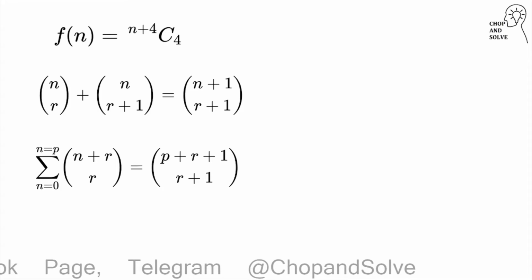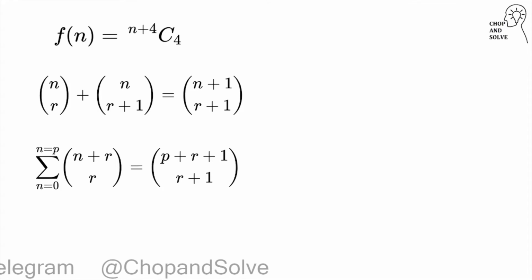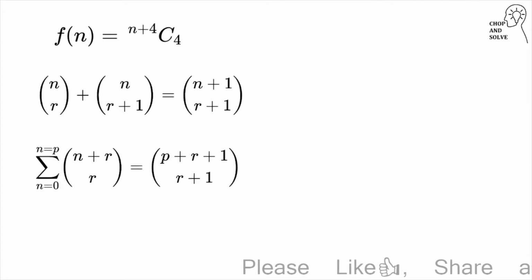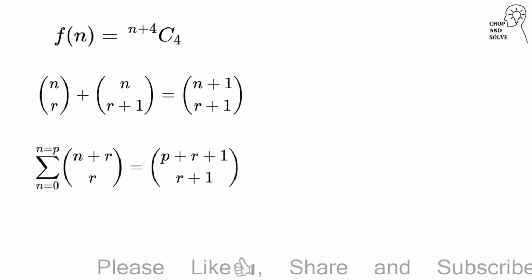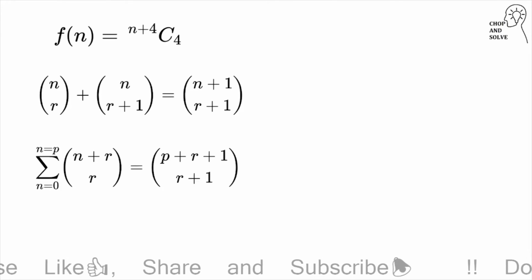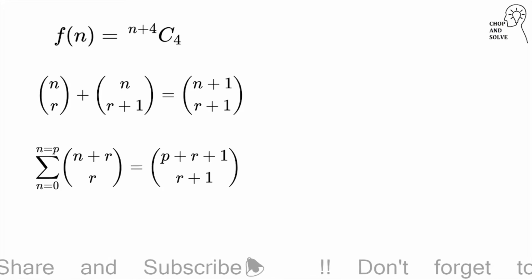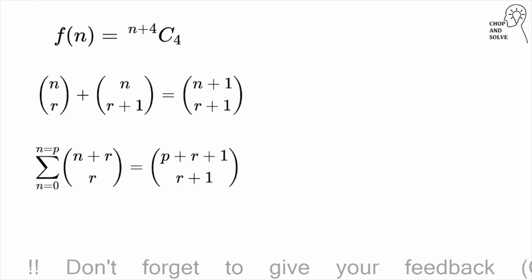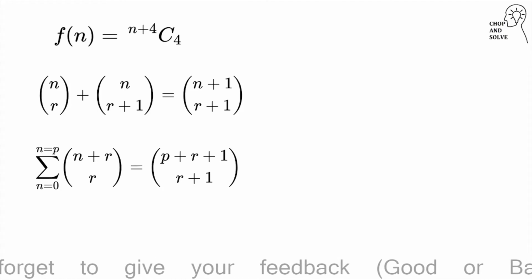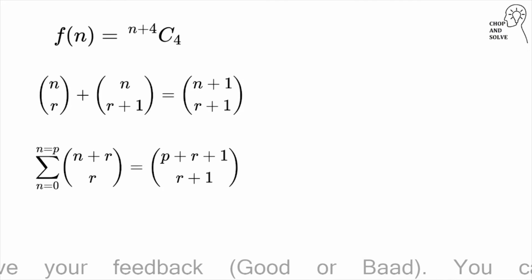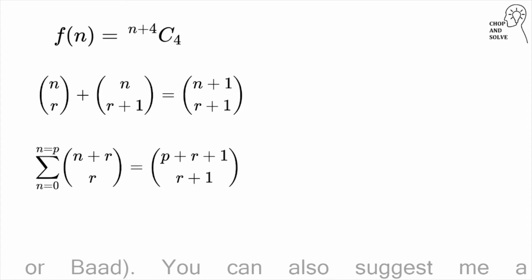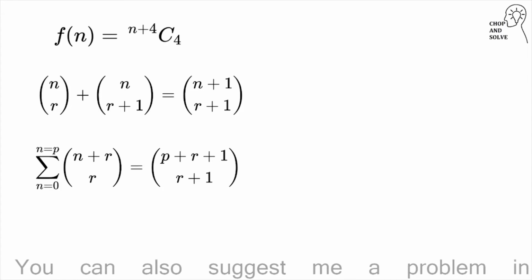And if you want to derive this, it is very easy. The first term is r choose r. Now you can write r choose r as r plus 1 choose r plus 1, because both values are equal to 1. If you write it this way, then the next term r plus 1 choose r becomes r plus 2 choose r plus 1.